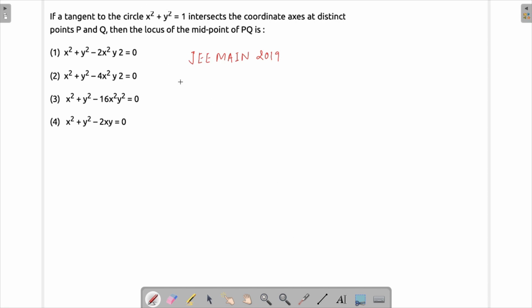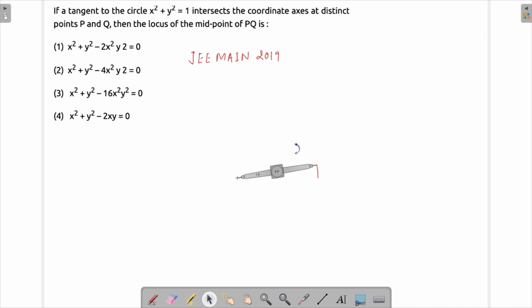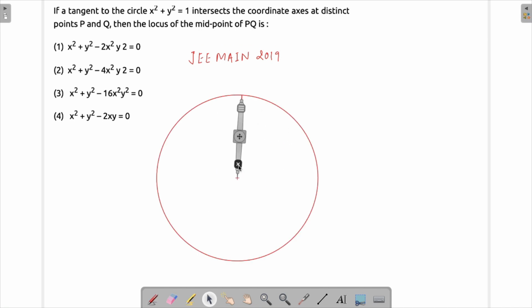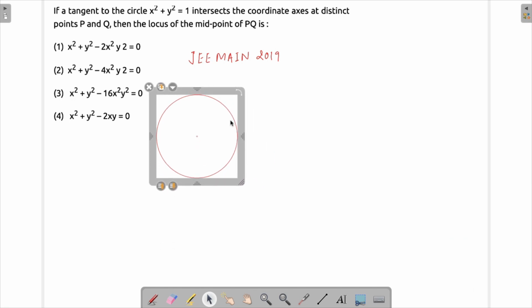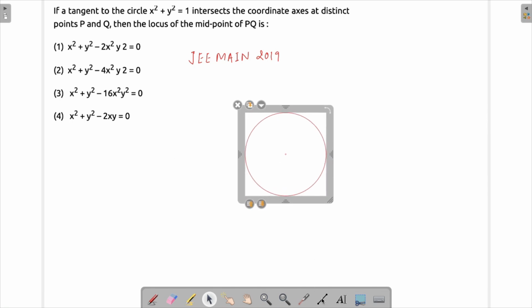This is a very straightforward question in that regard, as the circle is very, very simple. We've got a circle which has its center at the origin. So we can just take a smaller circle here.